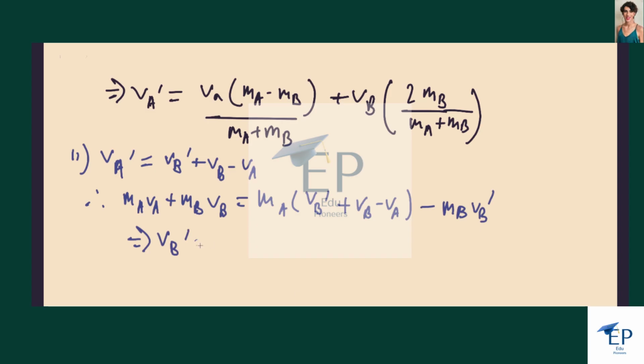Let's just write down VB prime times MA plus MB is equal to VA times 2MA.